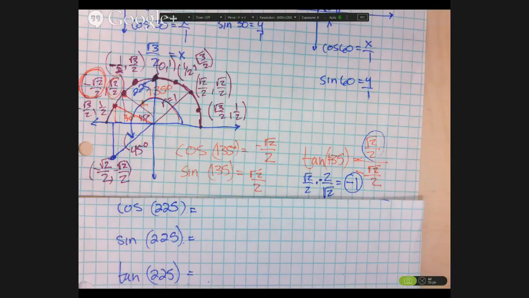What about tan 180? Tan 180 is 0, yes. It's 0 over negative 1. Yes, 0.